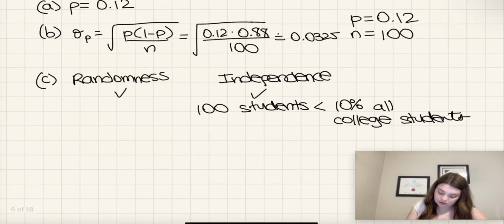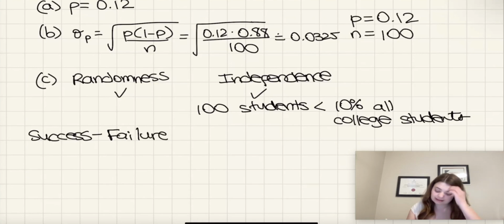And then the third condition would be the success-failure condition, right? We need to have the expected value of successes and the expected value of failures both be 10 or greater. So, what is the expected number of successes?